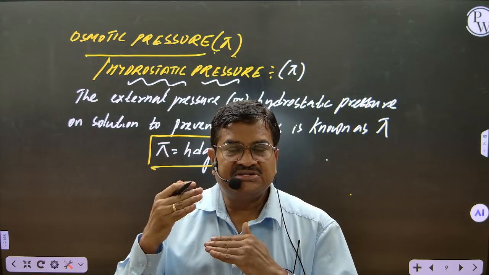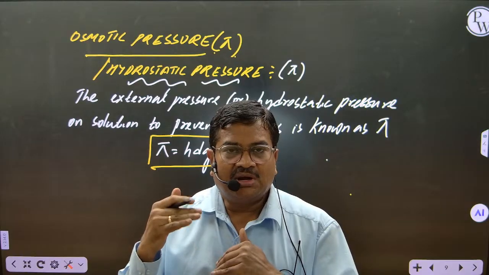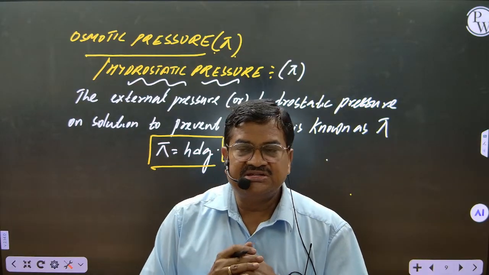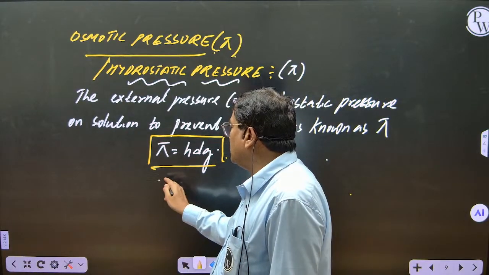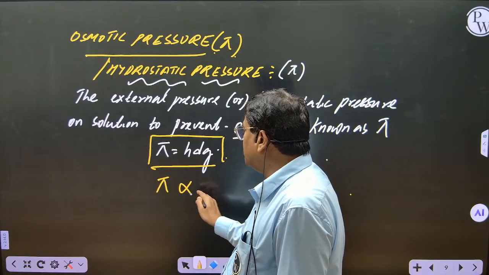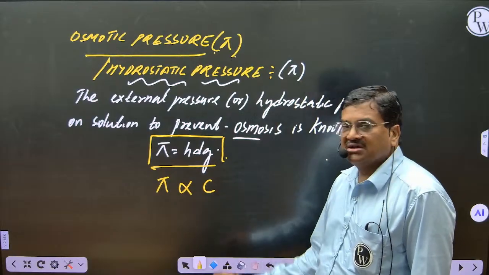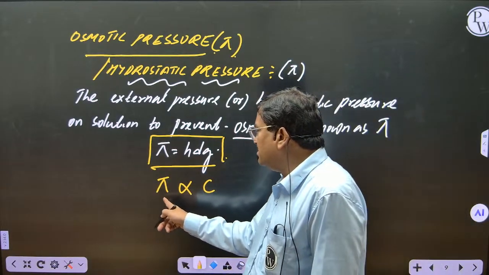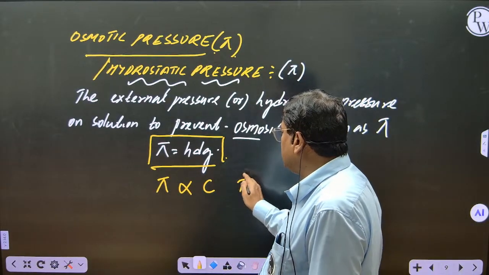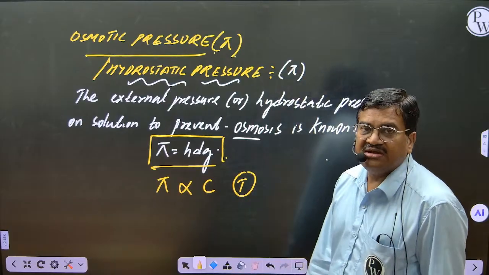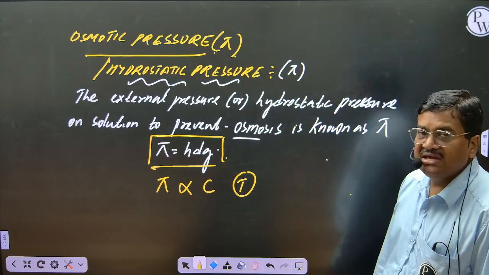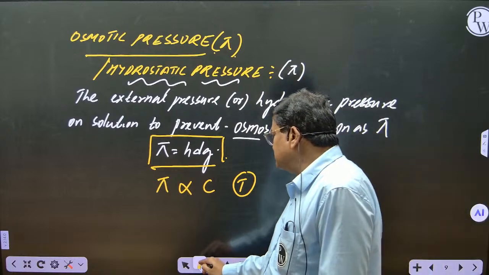If the concentration of the solution is increasing, what happens? Osmotic pressure also increases, no? Hence, we can correlate that osmotic pressure is directly proportional to concentration. So, higher the concentration of the solution, higher will be the osmotic pressure, keeping temperature constant. Copy that relation, where pi is osmotic pressure, C is what?